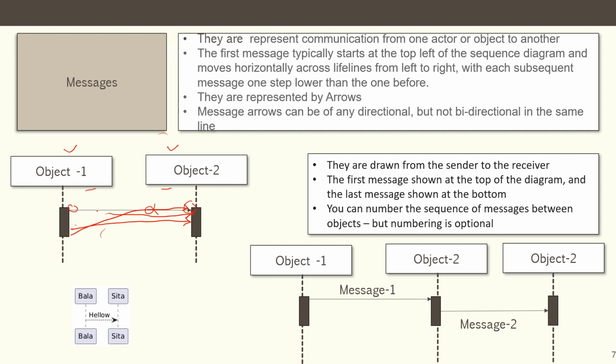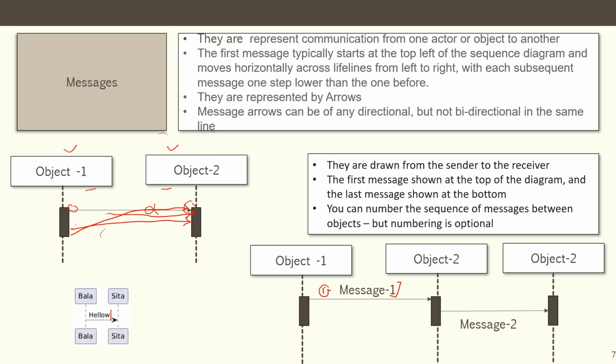You can have these messages with text over them, something like what you are seeing as "hello". You are having a message shown here, and the messages can be numbered with a text, or it can be just some number, 1, 2, or a, b, c, d, something like that.